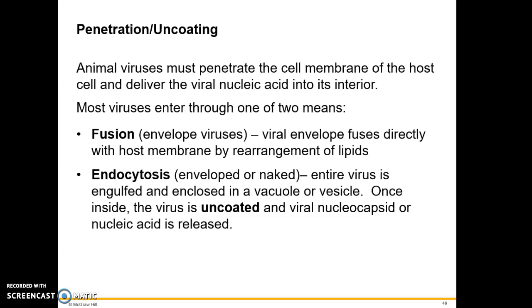And then also there's endocytosis, which we talked about when we talked about cell transport. Enveloped or naked viruses can get their nucleic acids into the host cell by the mode of endocytosis. So the entire virus will be engulfed by the host cell and enclosed in some type of vacuole or vesicle.